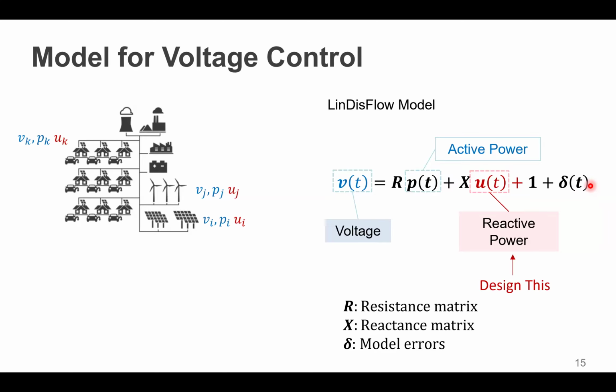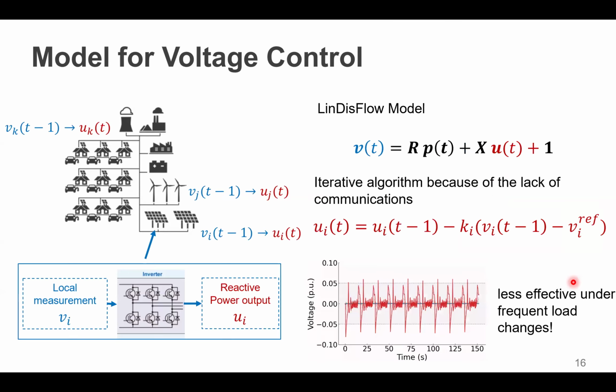Essentially, our goal is to design the reactive power to reduce the voltage deviations. The reactive power may come from inverter-based resources like energy storage or solar panels.